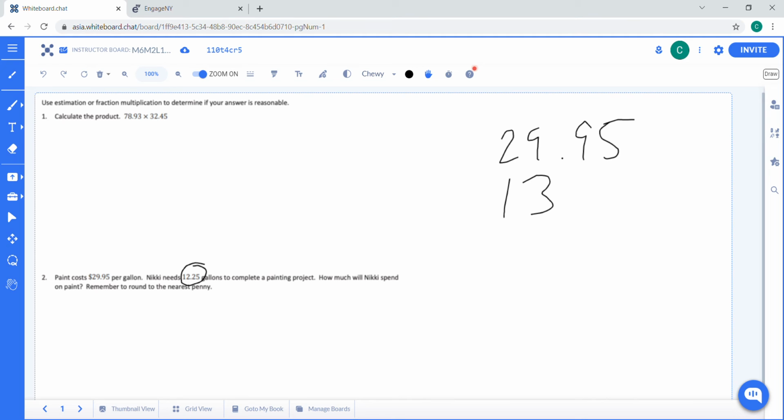They're probably going to want you to do 12.25 because that's what we're doing, multiplying by decimals. So let's go ahead and do that. I wouldn't like that problem on a test because you're not going to buy normally a quarter of a gallon of paint. So let's go ahead and do it though. All right.